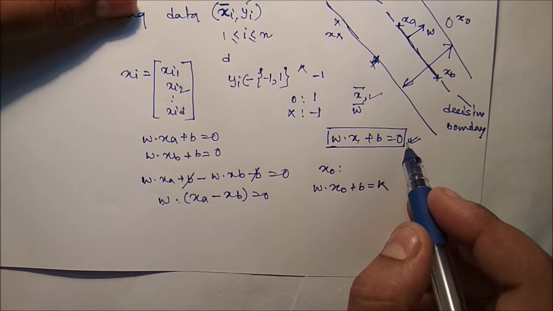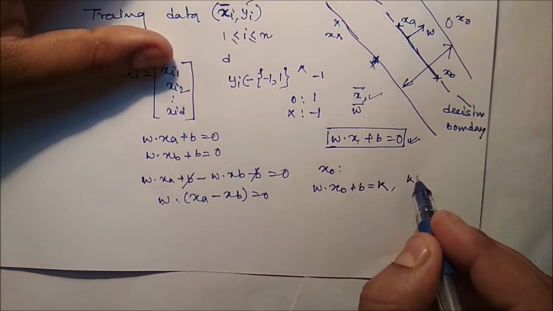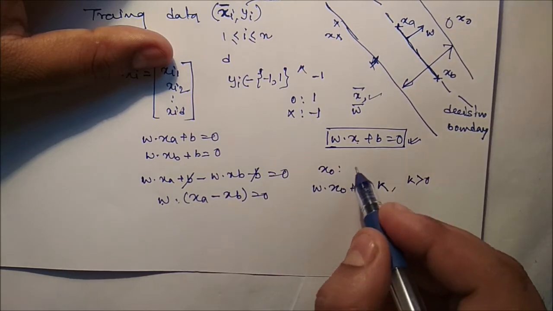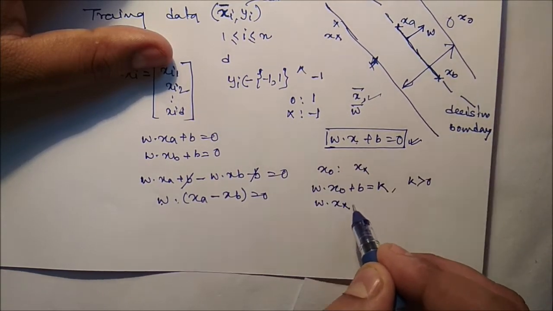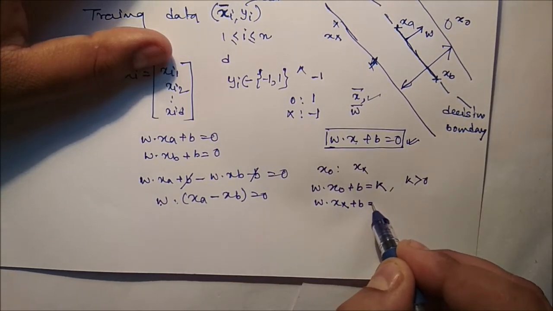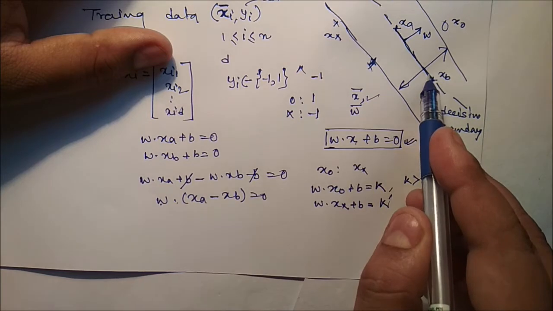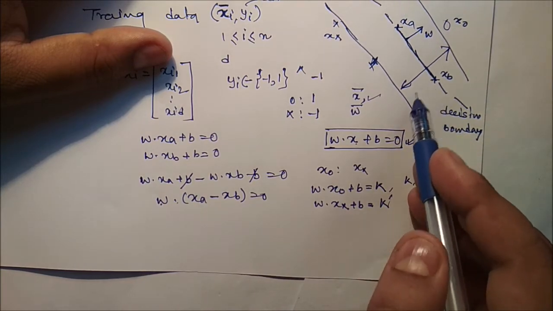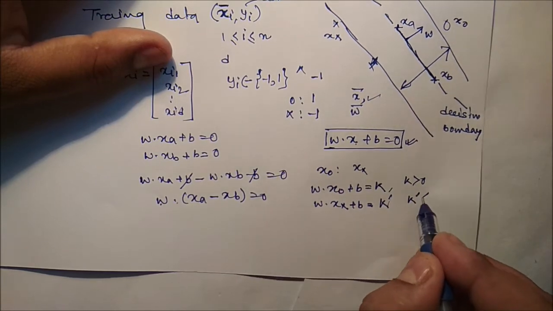It should not be 0, it should be more than 0, so k is greater than 0. For x cross, we can write w·x cross plus b is equal to k dash. If it is on the boundary, it should be 0. If it is on the left side, it should be less than 0, so k dash should be less than 0.